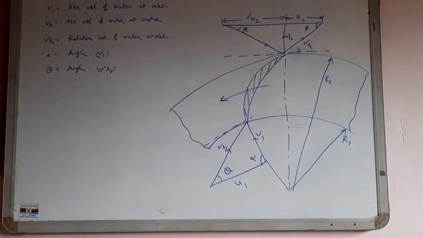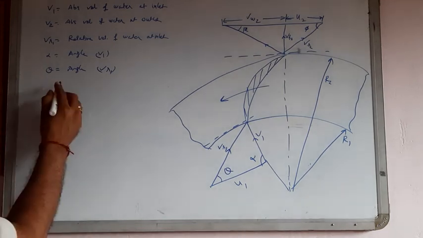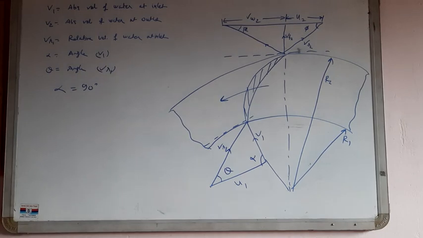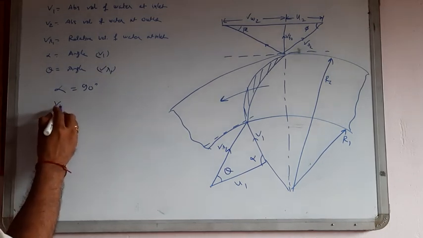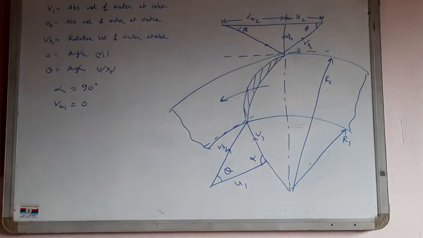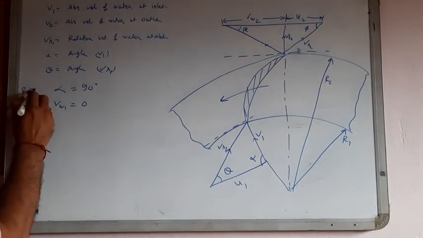V2, VR2, beta and phi are corresponding values at outlet. As the water enters radially, which means the absolute velocity of water at inlet is in the radial direction, hence alpha equal to 90 degree and VW1 equal to 0 because this enters radially.